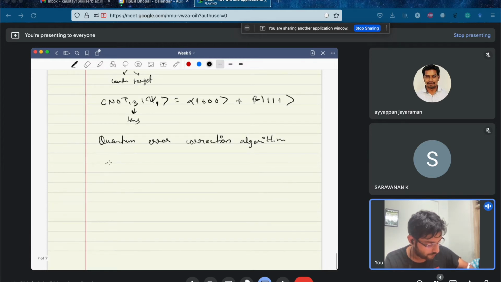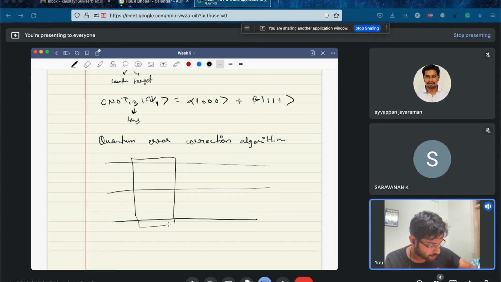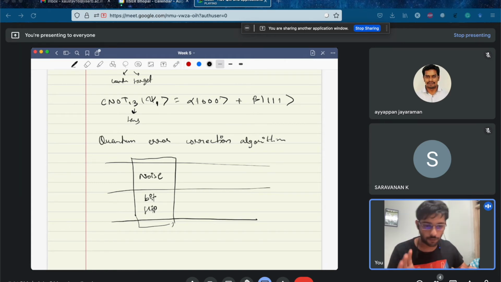Okay, so you have 3 qubits and you have somewhere noise introducing a bit flip. So a 0 will either get to a 1 or 1 will get to a 0. Let's say this is only acting on one of the qubits. Okay, now you have on the left alpha 000 and beta 111.